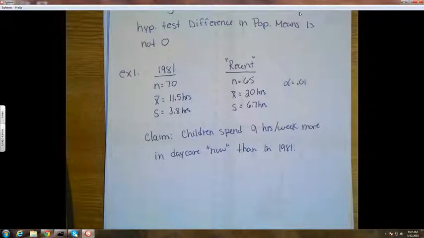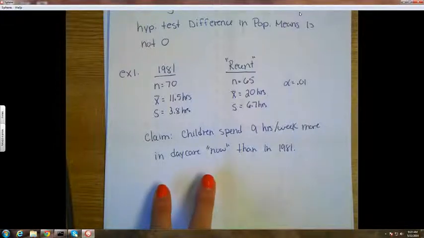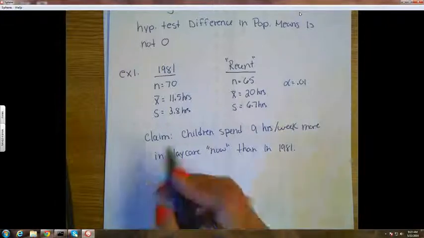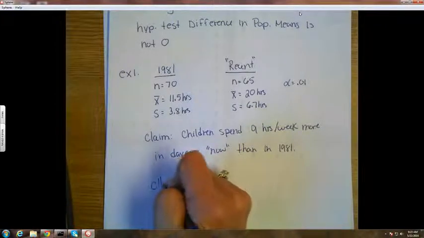Okay. So we are always testing the difference between the two. So 2 days ago when we did these, we would set it up with an equal to or a greater than and then convert it to a difference. I think it'll be just as easy to start writing the claim as a difference right off the bat. So let's take what they're saying and put it in that math sentence.